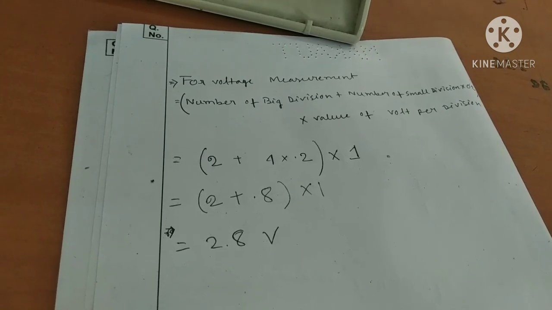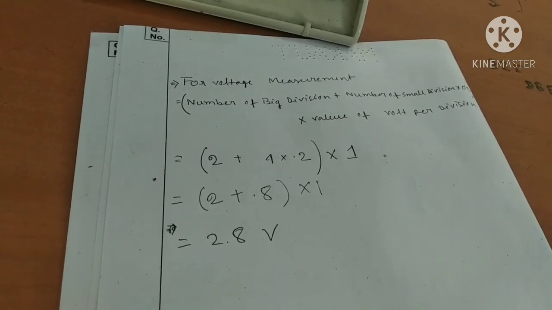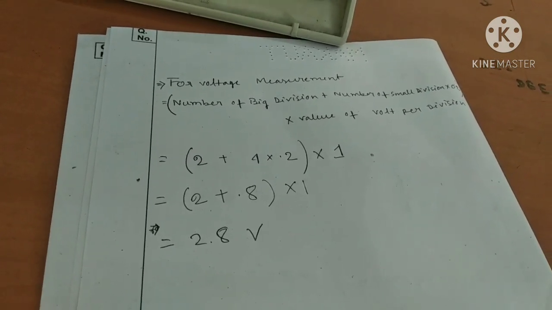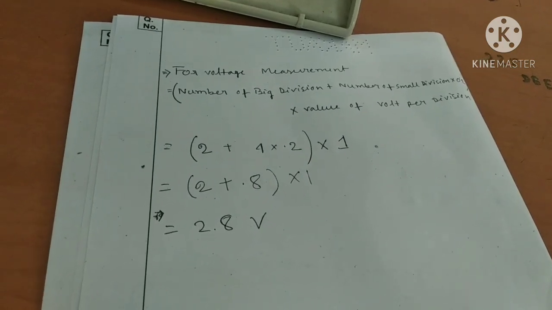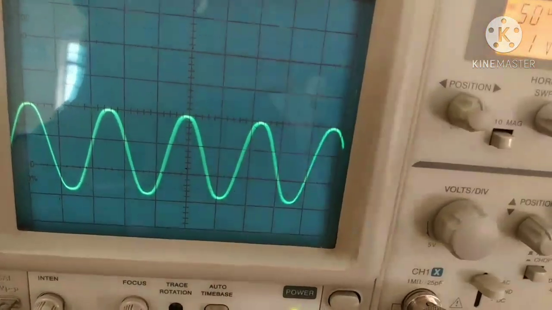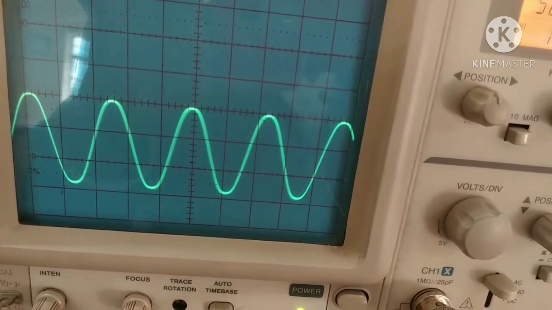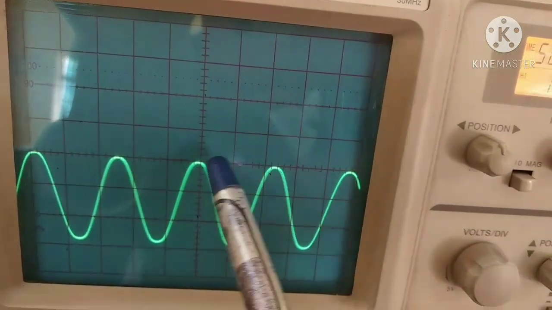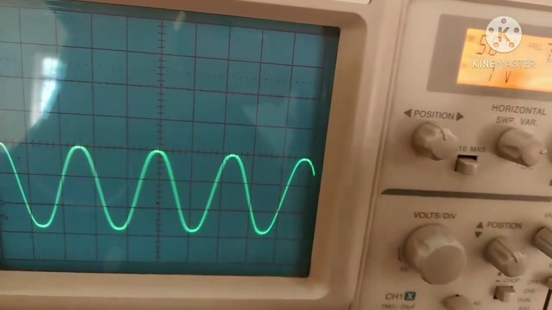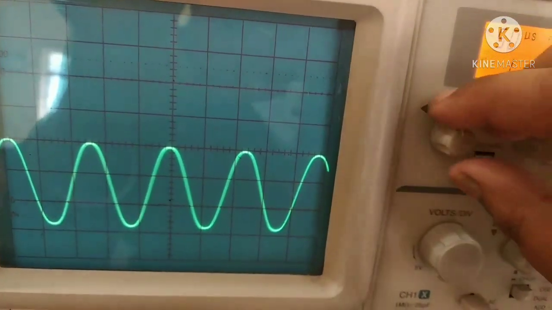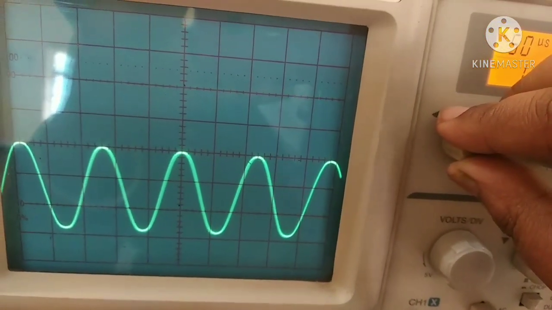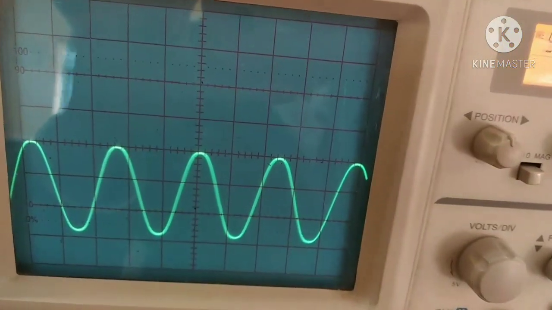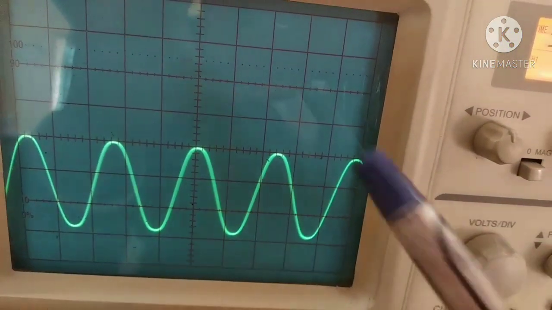Next we go to the measurement of frequency. For measuring the frequency of that wave with the help of the CRO, the process is to set the signal that way using the positioning knob, then count the small divisions and big divisions.